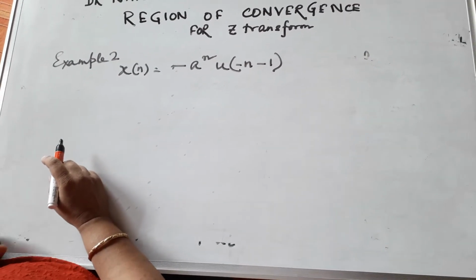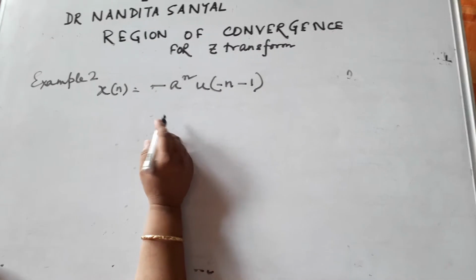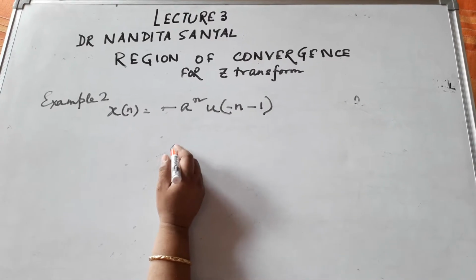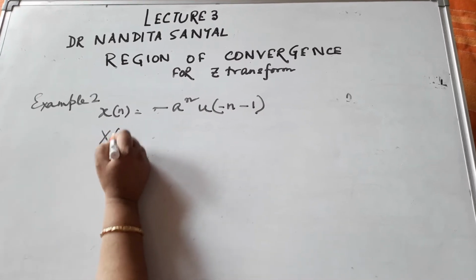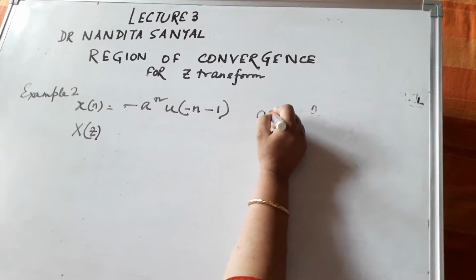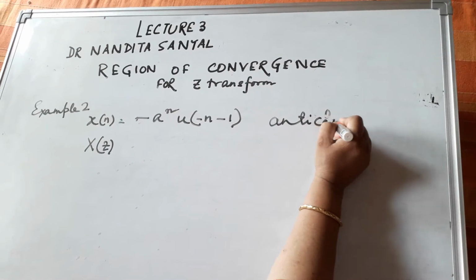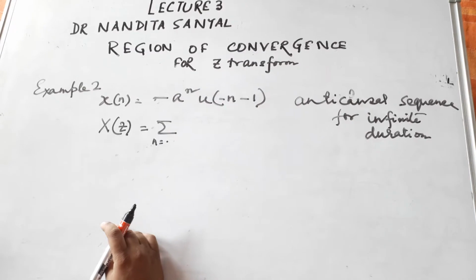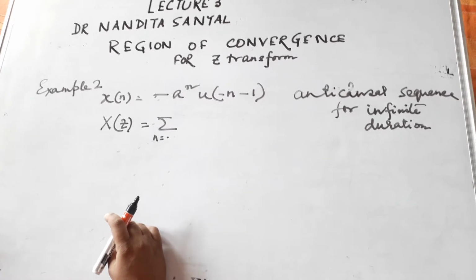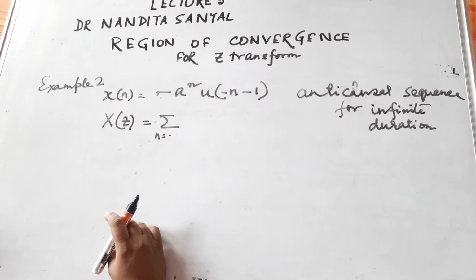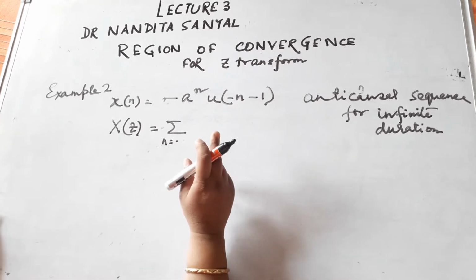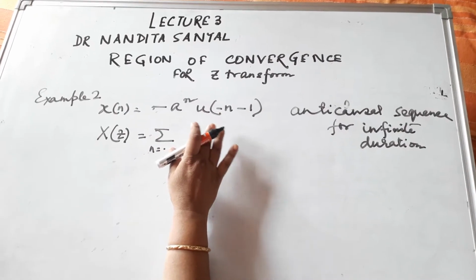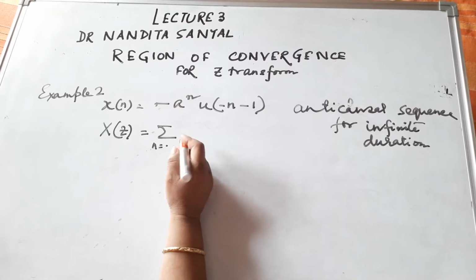It is an anti-causal sequence of infinite duration. You can see that from the expression, since it is u(minus n minus 1), so it is an anti-causal sequence.